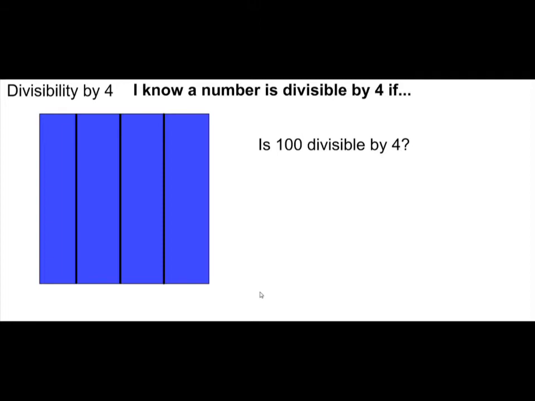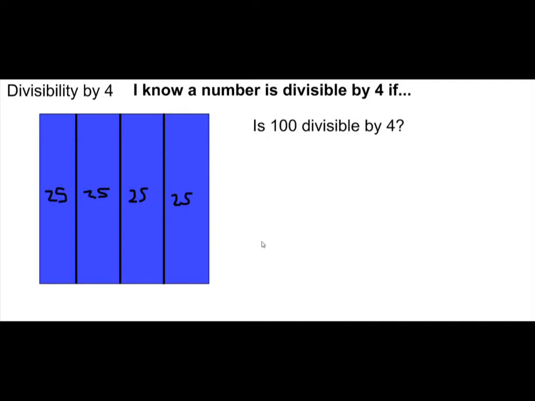Hopefully you can see that if I take 25 and multiply that by 4, or in other words, take 4 groups of 25 things, where each of these little rectangular sections is 25 things, 4 groups of 25 make up 100. So 100 is in fact divisible by 4. Or we could also say 100 is a multiple of 4. If 100 is a multiple of 4, then it's divisible by 4. So yes, 100 is divisible by 4.